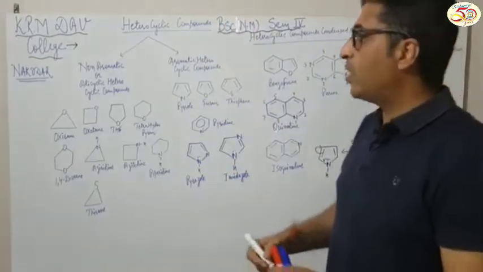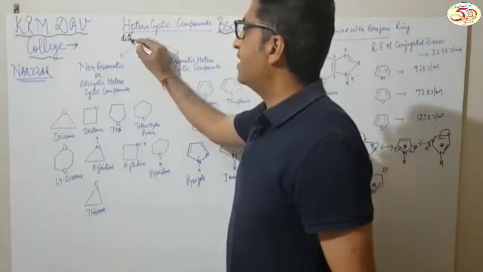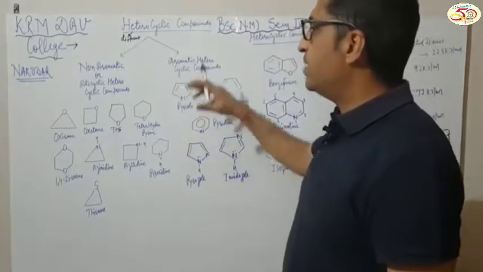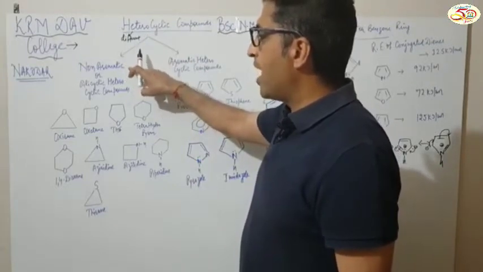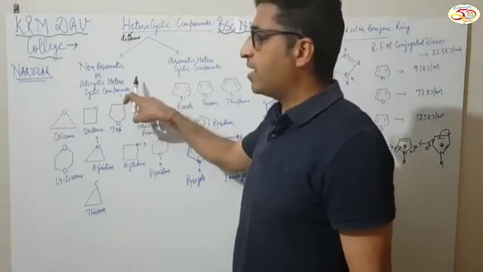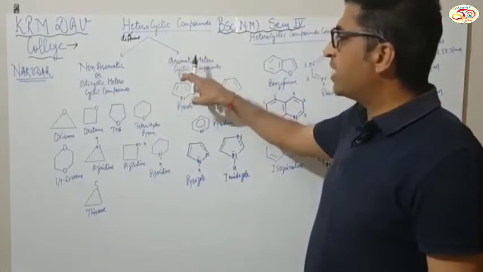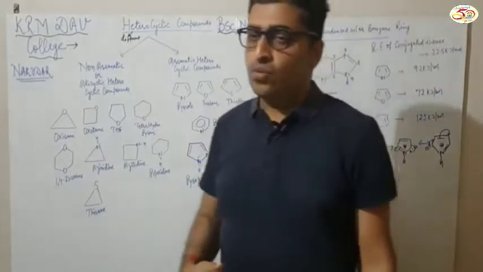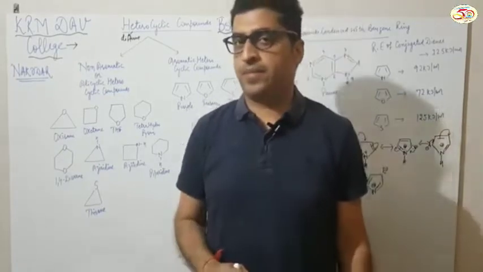Students, hetero means different cyclic compounds. So basically we divide these compounds into two categories. One is non-aromatic or alicyclic heterocyclic compounds, and the second one is aromatic heterocyclic compounds. So first of all, we must know what we mean by aromatic compounds.